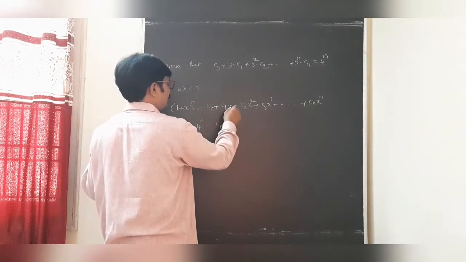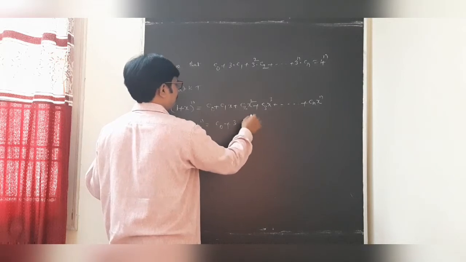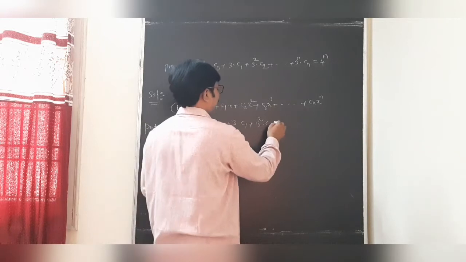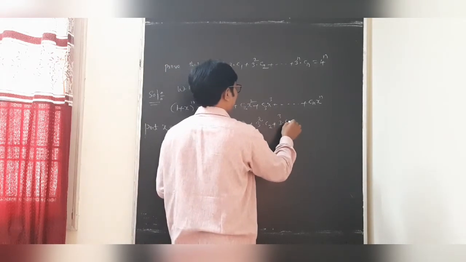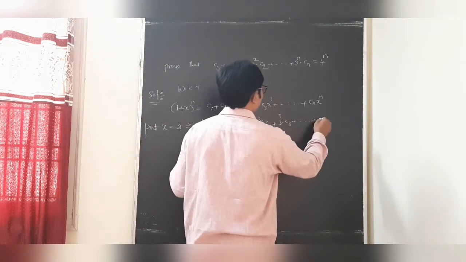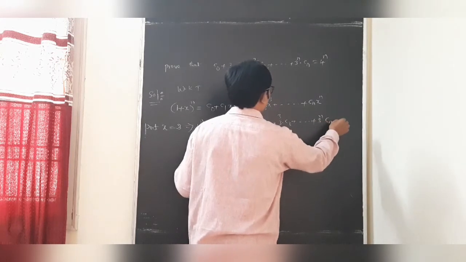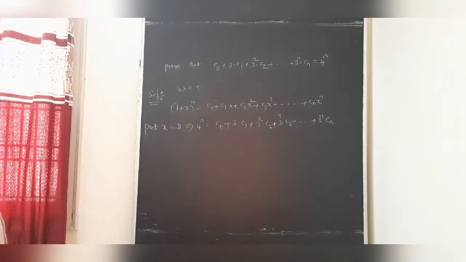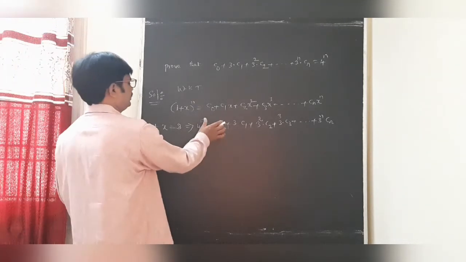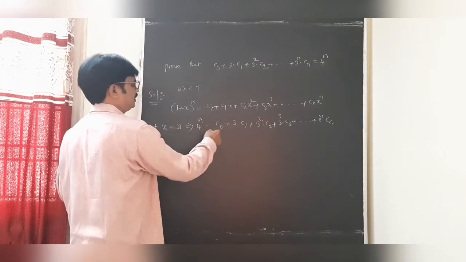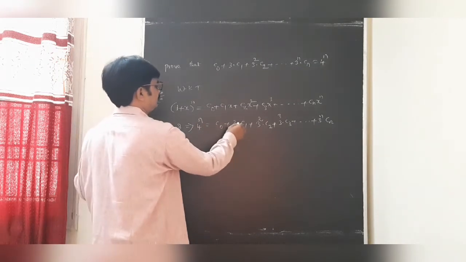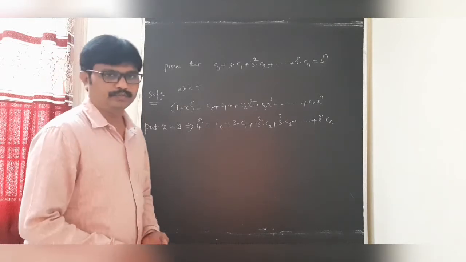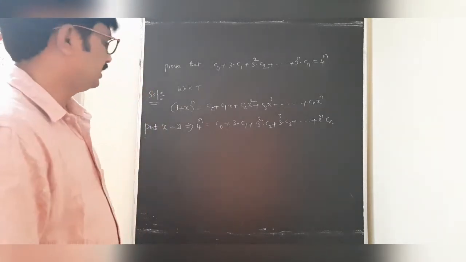After then, C0, 3C1, 3 square into C2, 3 cube into C3, and so on, 3 power n into Cn. Is it clear, students? Now, students, this is 4 power n equal to C0, 3C1, 3 square into C2, 3 cube into C3, and so on, 3 power n into Cn. Is it clear, students?